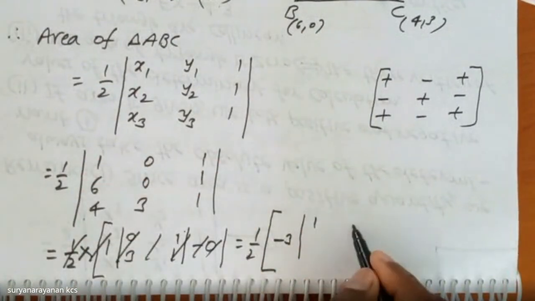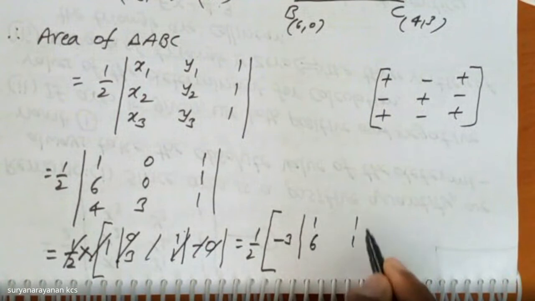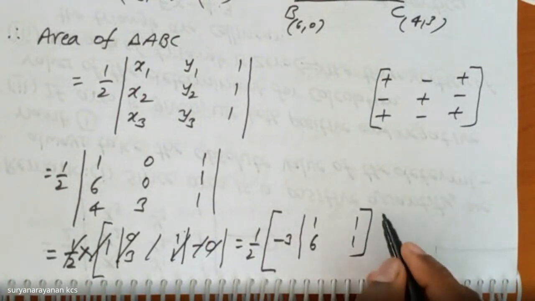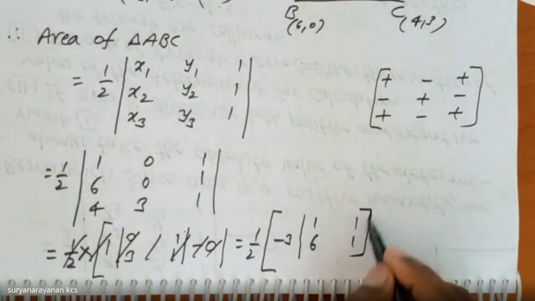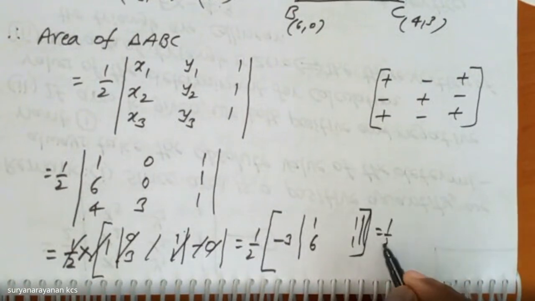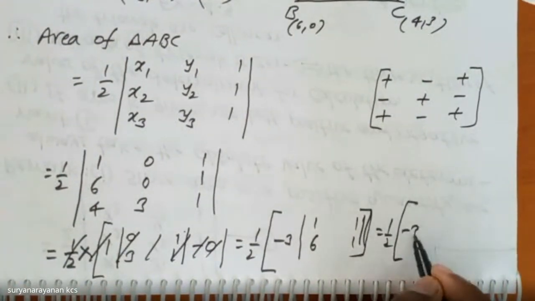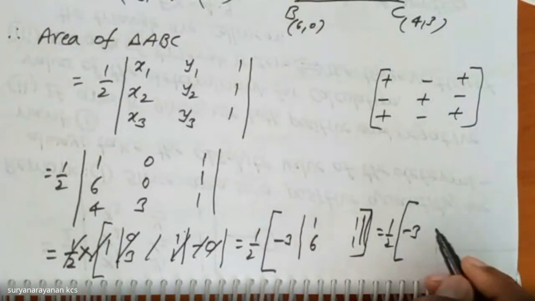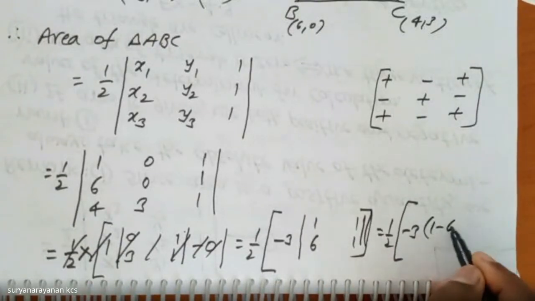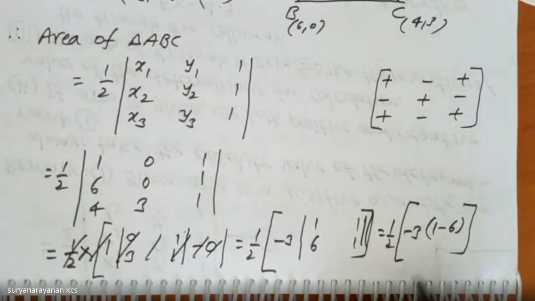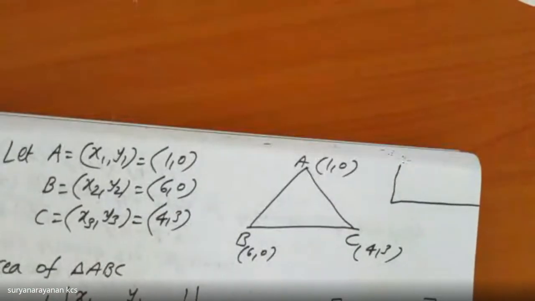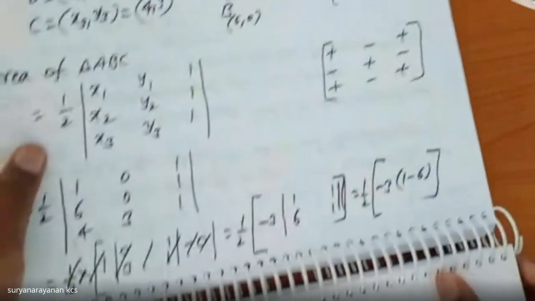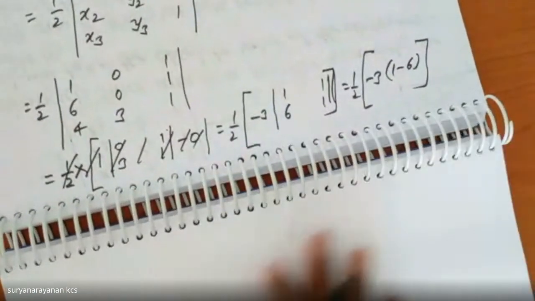What will you get here? Sorry, 1/2 into minus 3 into 1 minus 6. What will you get here? 1/2 into 15.